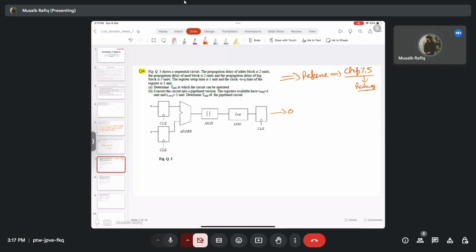The propagation delay of the log block is 3 units. The register setup time is 1 unit, and the clock-to-Q time of the register is 1 unit. So part A, I want you guys to do it. Part B, I'll show you since you are not familiar with the pipeline thing.